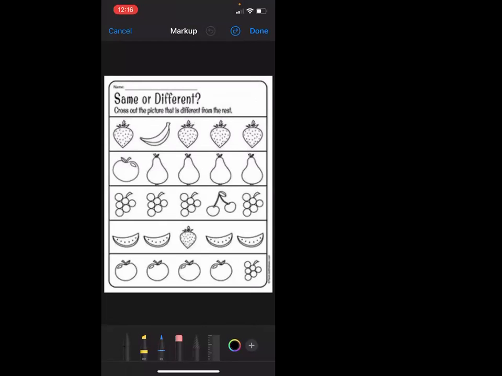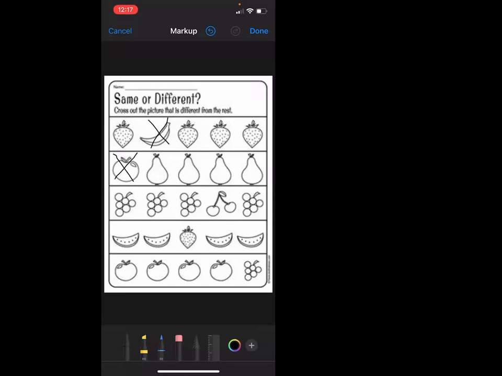So what they have told: cross out the picture that is different from the rest. What do you have to do on the different one? Cross. Now in the second picture, all are pears and there is only one different apple. Only the apple is different, so I have made a cross on the apple.